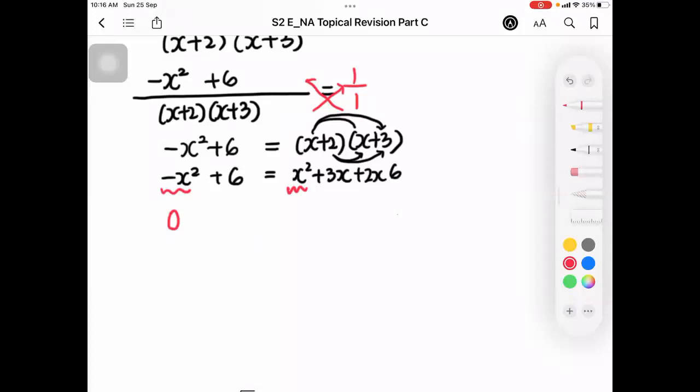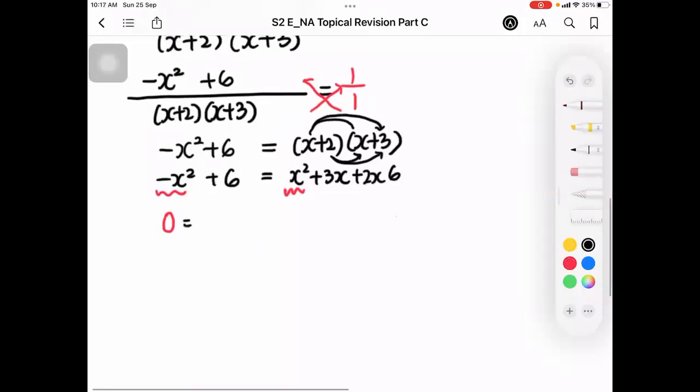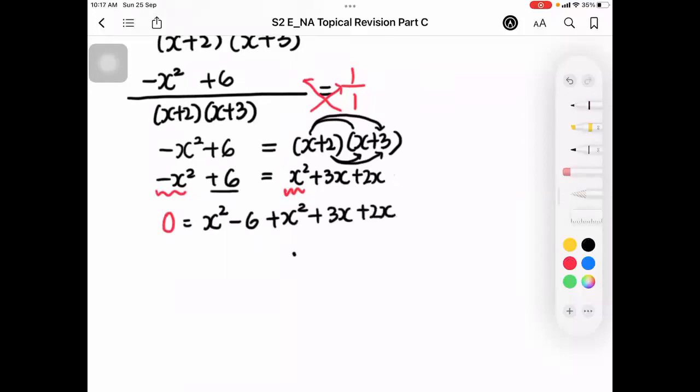Okay, left-hand side. Then I shift this over. This one brought over will be positive x squared. This one brought over will be minus 6. Then I still got plus x squared plus 3x plus 2x plus 6. Oh, my plus 6 is missing.